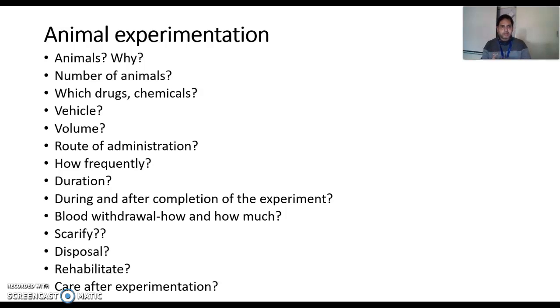So in that type of experiment, you can ask the ethics committee, with proper justification, to use 10 animals per group. In some cases you can take even more animals per group if you are able to justify to the ethics committee that whatever chemical or procedure we are using in the animals, there are a lot of chances of mortality.